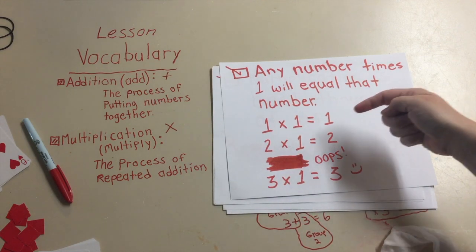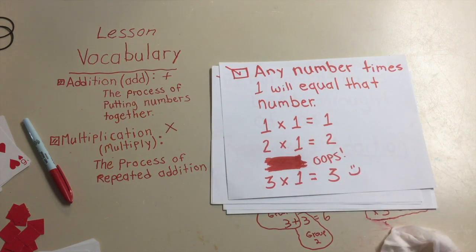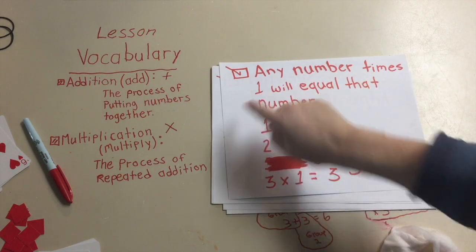So we're seeing that pattern, 1, 2, 3. So any number, 100, 111, whatever number you want to pick out of the air, will always equal that number when it is times 1.